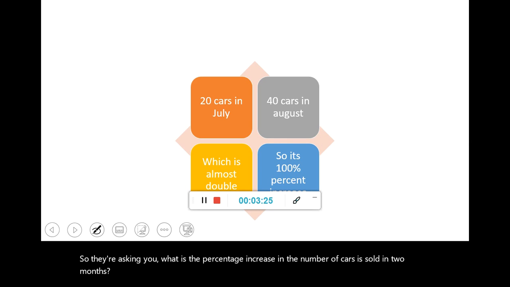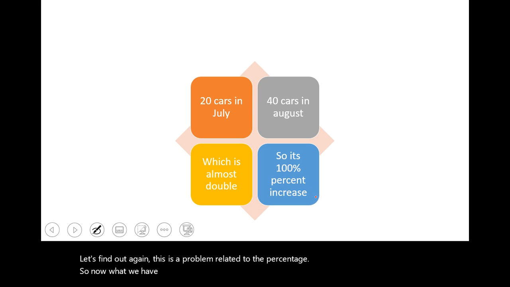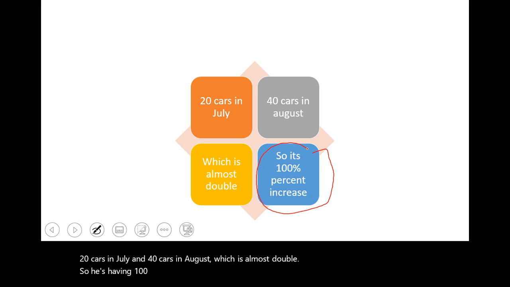Let's find out. Again, this is a problem related to percentage. See, 20 cars in July and 40 cars in August, which is almost double. So he has a 100% increase. It's a 100% increase because it's almost double.